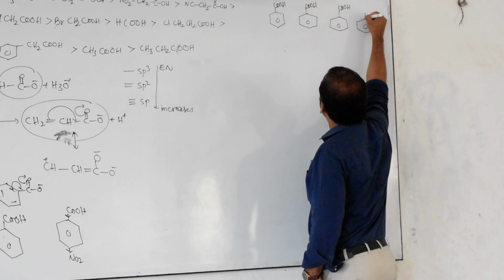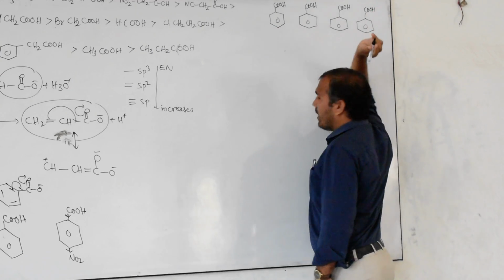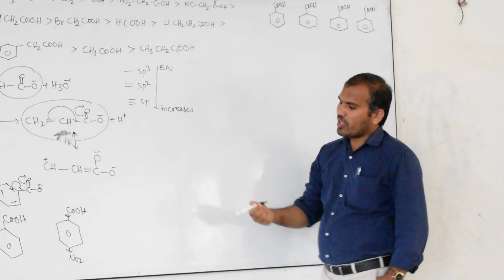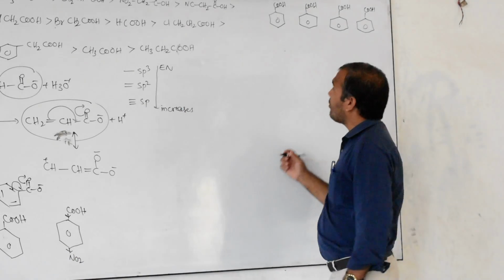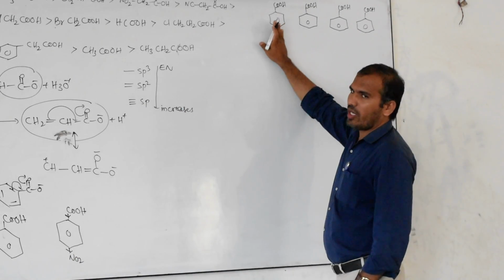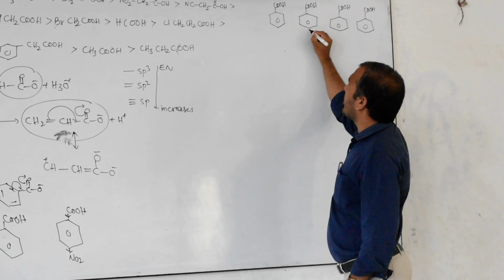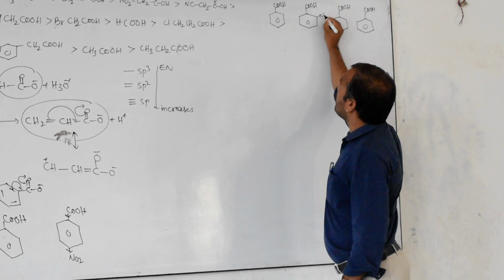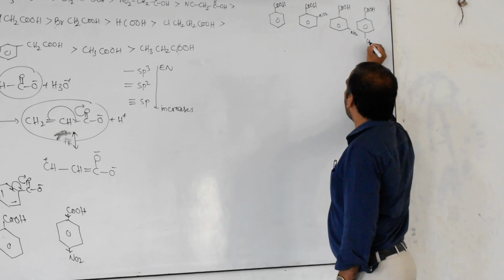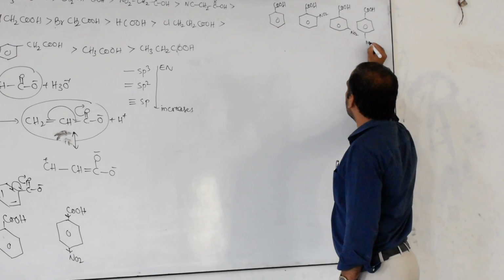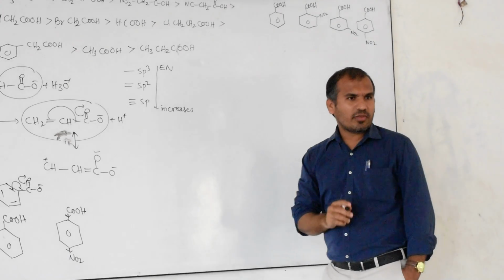Now we will take one NO2 electron withdrawing group at different positions. This is without any groups. I will write this is the ortho position NO2, meta position NO2, para position NO2. This is a homework for you.